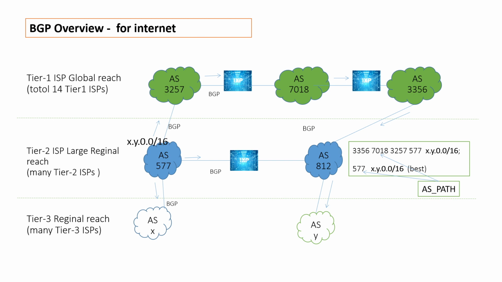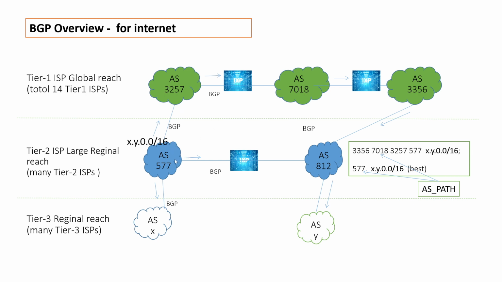In this diagram, we assume there is a network x.y.0.0/16 residing in AS577. For AS577 to let other ISPs know it owns x.y.0.0/16, it needs to advertise this information to all its BGP neighbors.